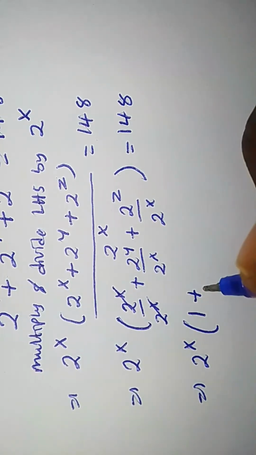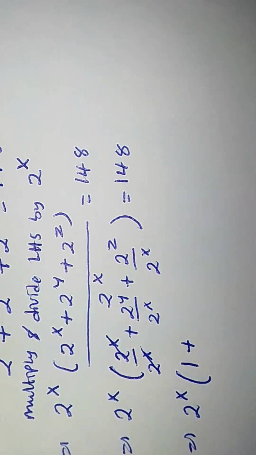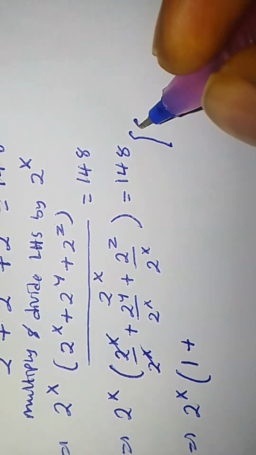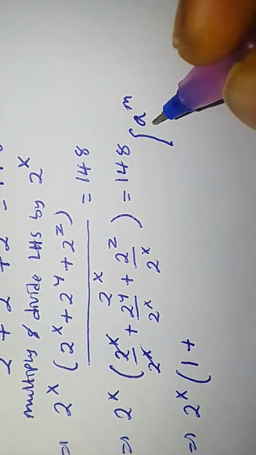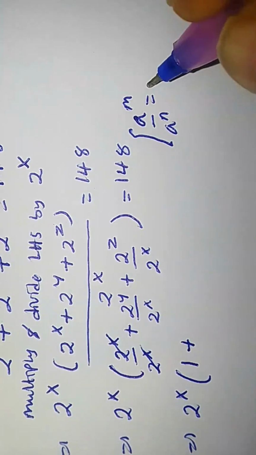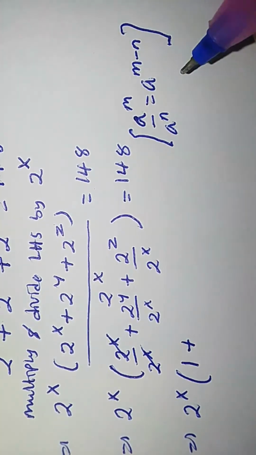plus. Now, suppose we recall this algebraic property. Let's say we have a^m over a^n. This is equal to a^(m-n). Take note of this.